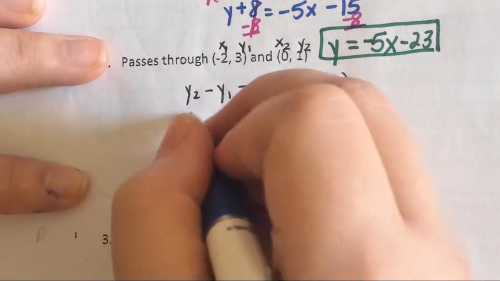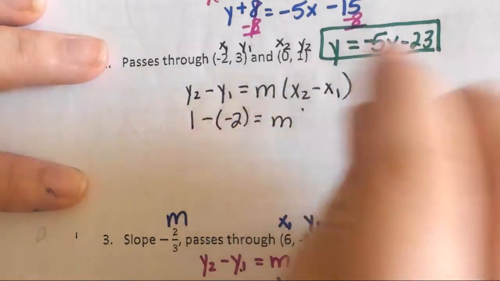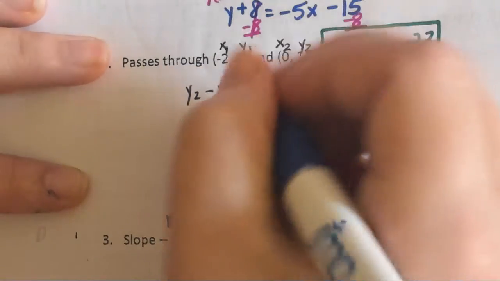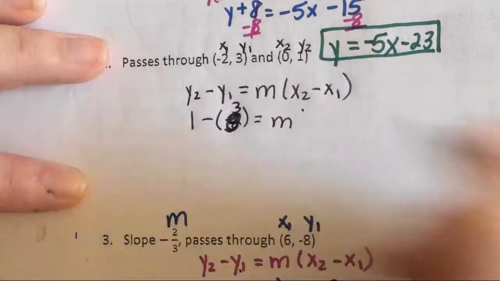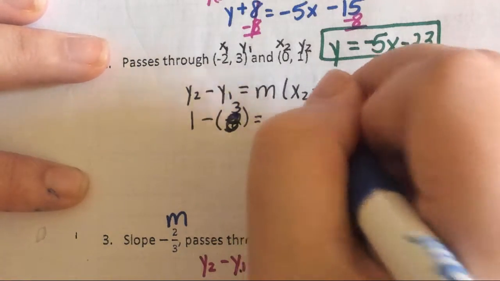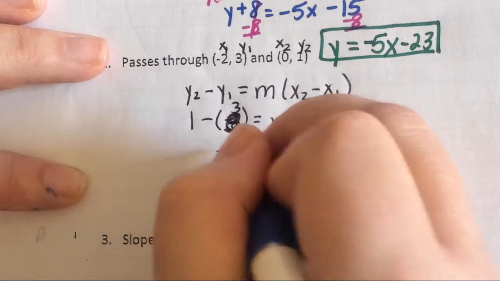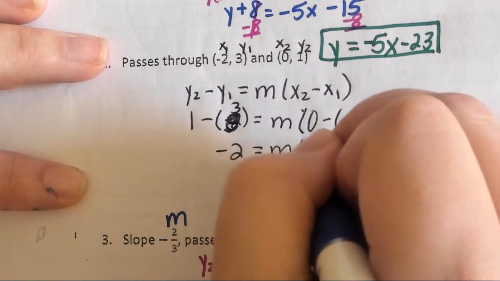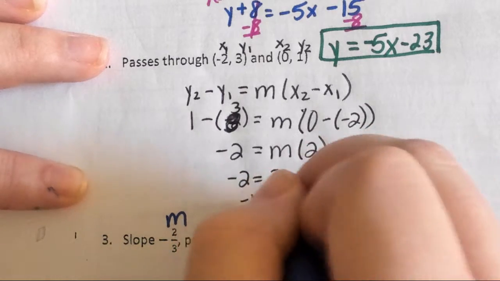I'm going to say y2 is 1 minus negative 2 equals m, y2 minus y1. Oh, y1 was 3 minus 3. 1 minus 3 equals m. x2 is 0 minus negative 2. I end up getting negative 2 equals m times 2. So negative 2 equals 2m. So negative 1 equals m.